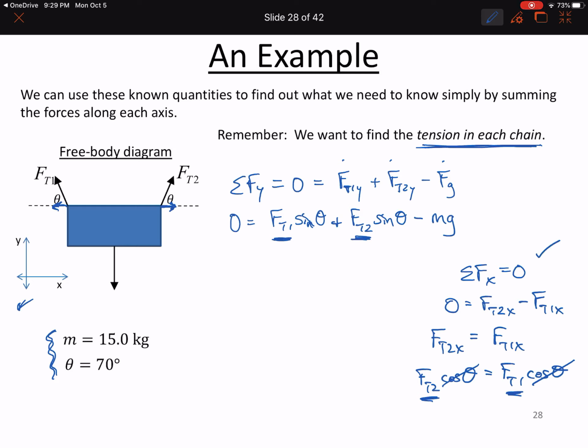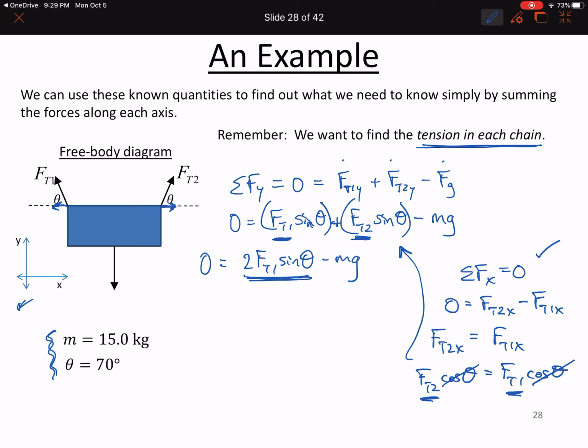Okay, well, that means that if we apply that fact to this line, we can rewrite this much more simply. We can just say 2 times T1 sine theta minus mg has to equal 0, right? We just had two factors of the same number, and I've written that out symbolically here.